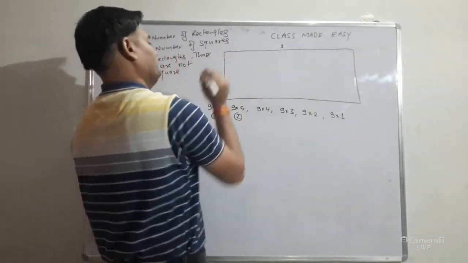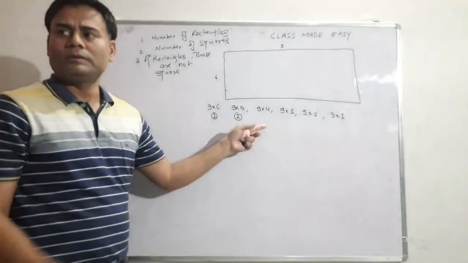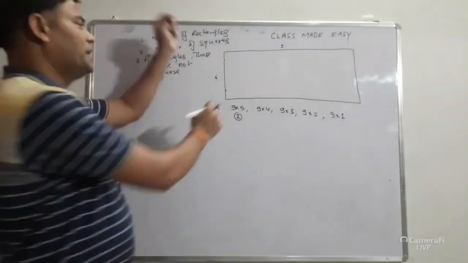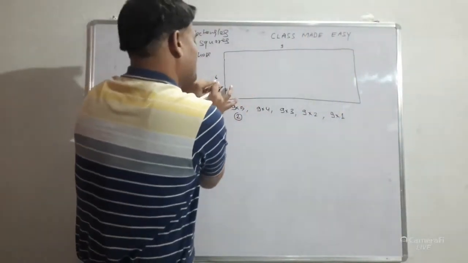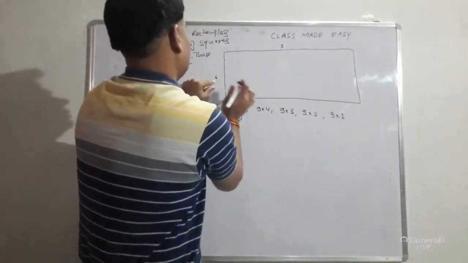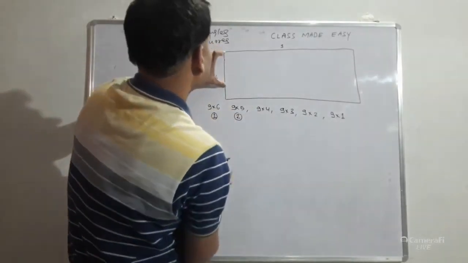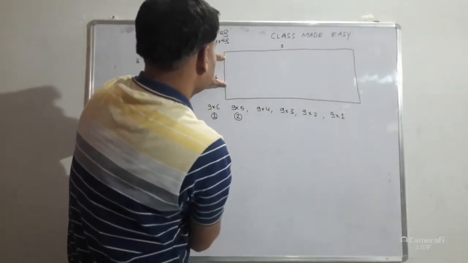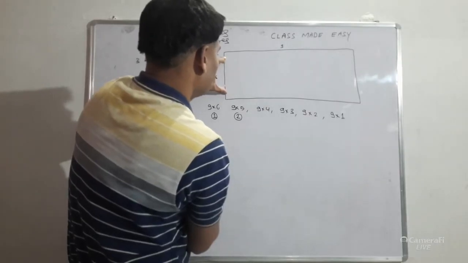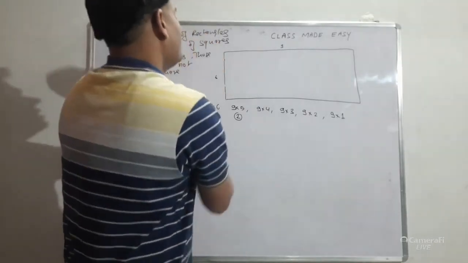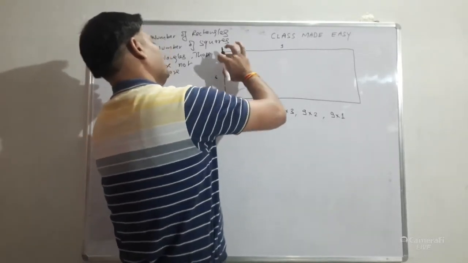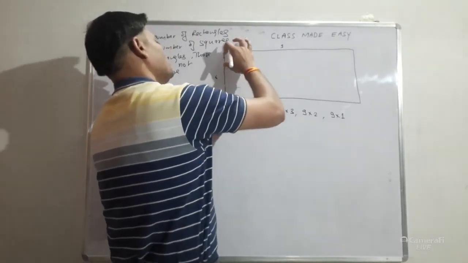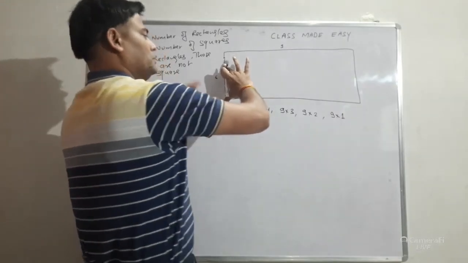Similar process, 9 by 4. See this 9, keeping 9 fixed. If you want to make this width 4, there are 3 ways. This is 4, leave this, again 4, and this one is also 4. If you leave 2 units, this thing is 4.